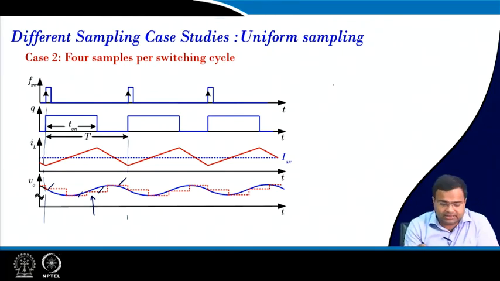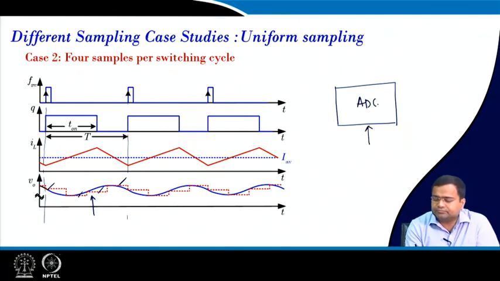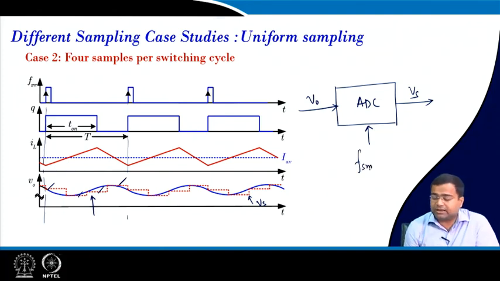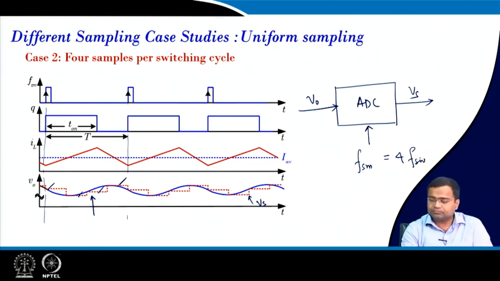Now, you may ask, if you use again this ADC, and this is again your V0, and this is your V sample. So, this FSM, if you take the frequency, it is like 4 times FSW, the switching frequency.